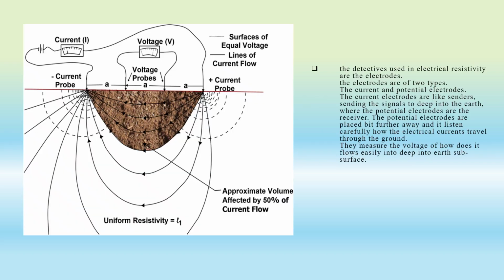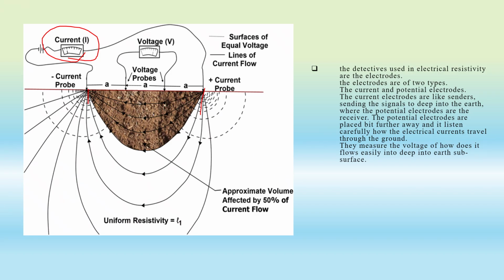So this is the picture of electrical resistivity. We have two electrodes to send the current, and another two to receive it, namely the current and potential electrodes. The current electrode sends the signal deep beneath the surface, and the potential electrodes are the receivers.